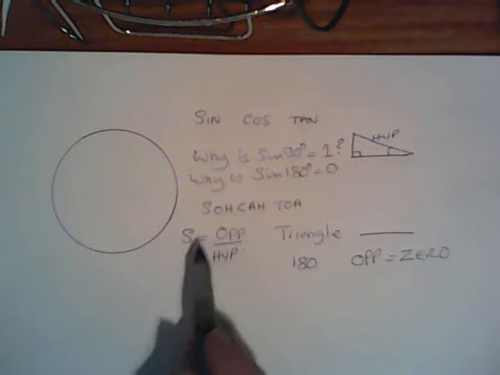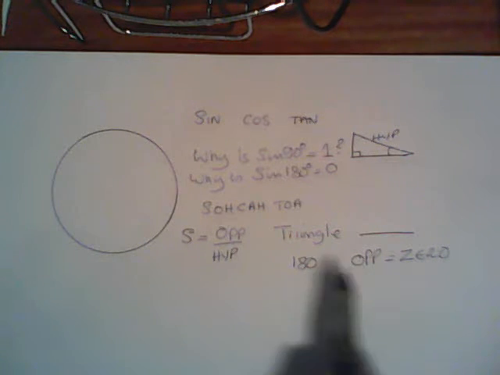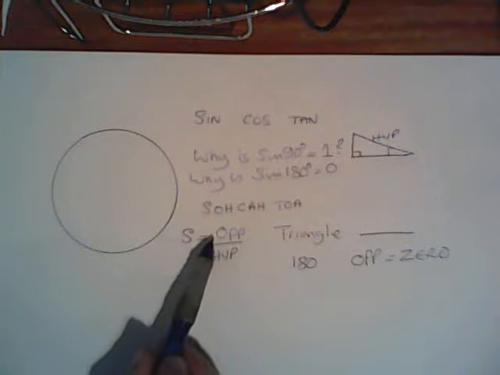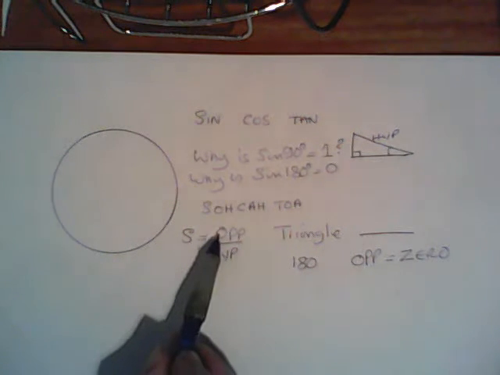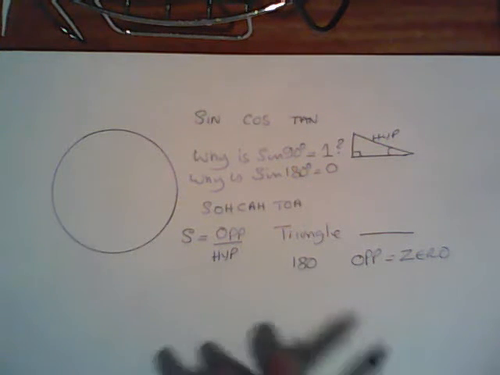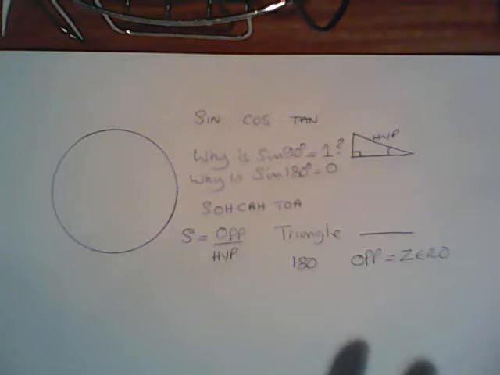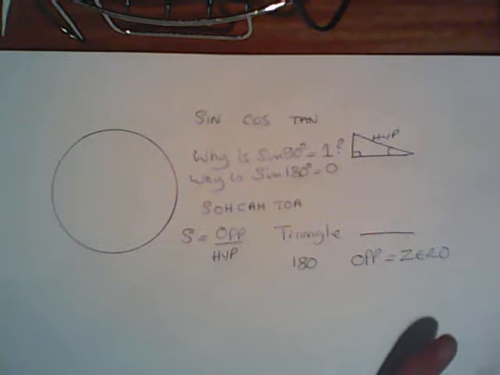Now, if you have a fraction like this, where the numerator is 0, then the answer is going to be 0. 0 divided by anything is 0. Once again, no triangle. Where's the triangle?